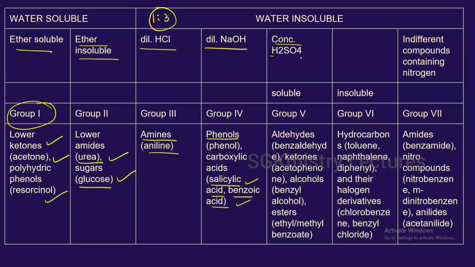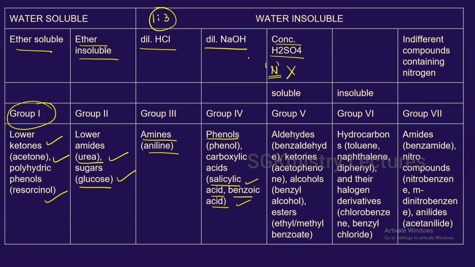Next is concentrated sulfuric acid. Now you need to keep in mind one more thing. Before doing the solubility test, you'll also be checking for the elements, right? Whether it contains nitrogen or sulfur or halogen. Now, if the compound contains nitrogen, don't go for the test with concentrated sulfuric acid, right?